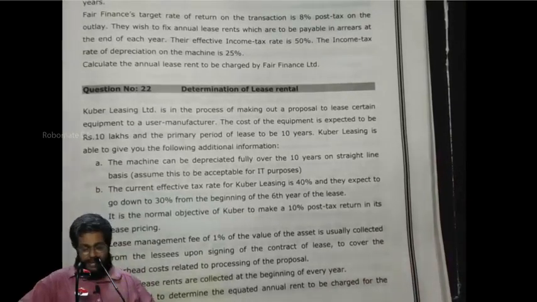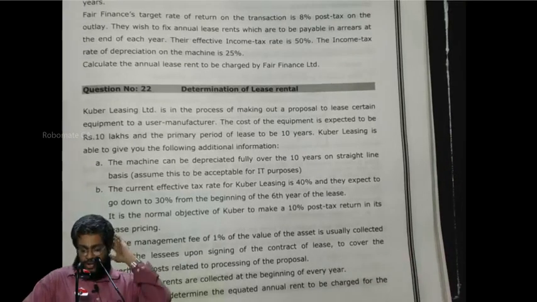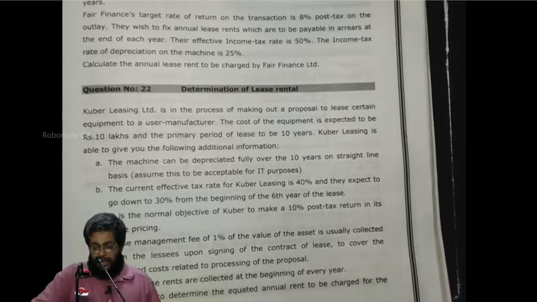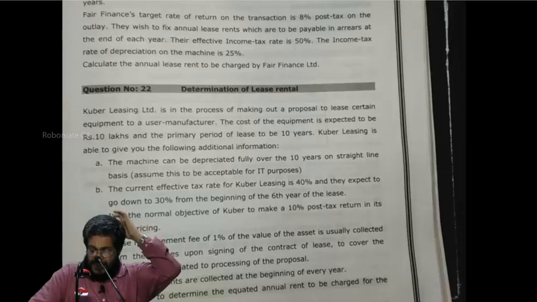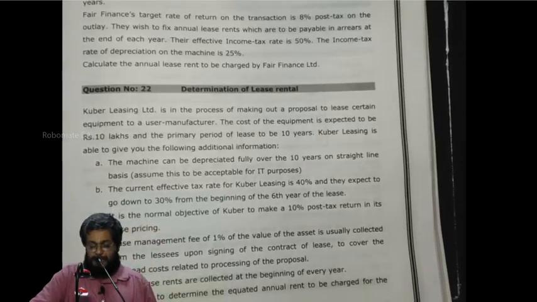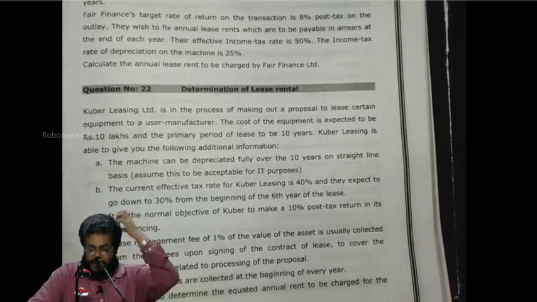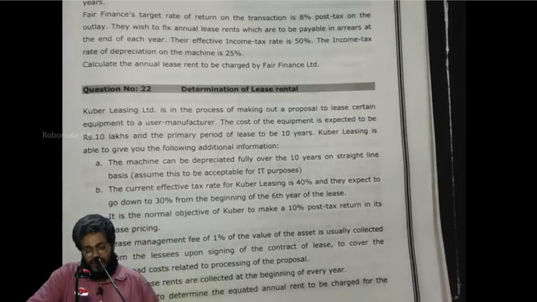Kuber Leasing Limited is in the process of making out a proposal to lease a certain equipment to a user manufacturer. The cost of equipment is expected to be 10 lakhs and the primary lease period is 10 years. Kuber Leasing is able to give you the following additional information.